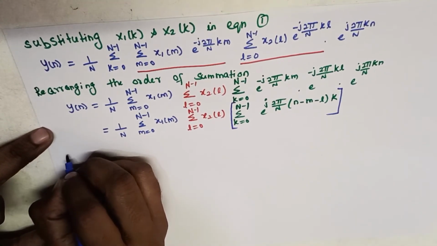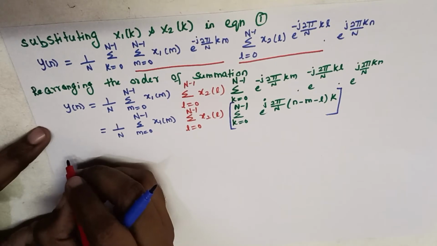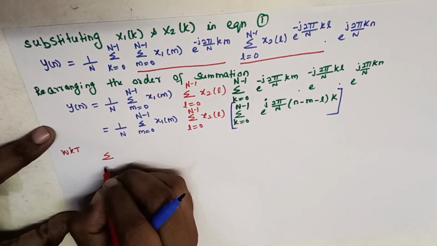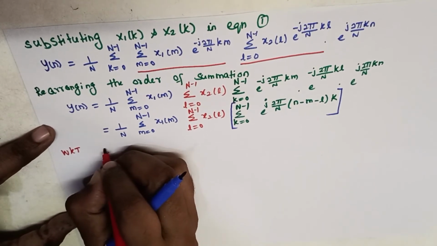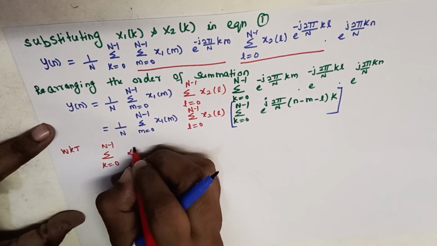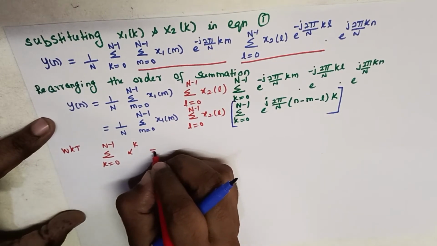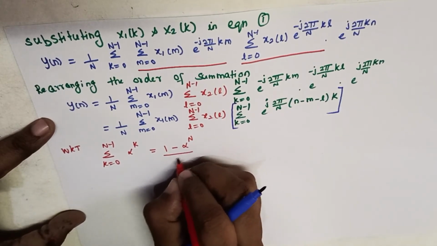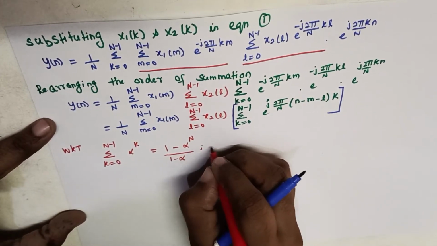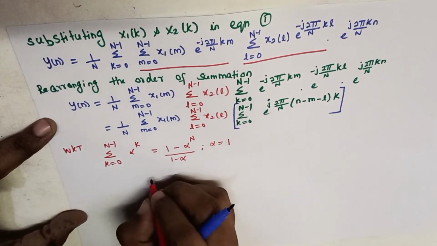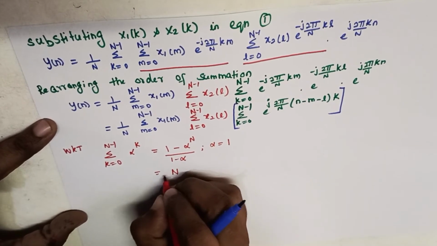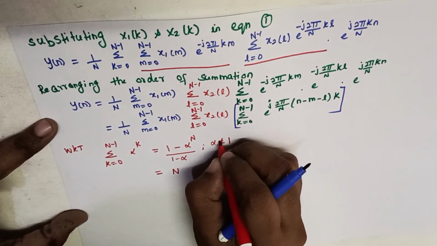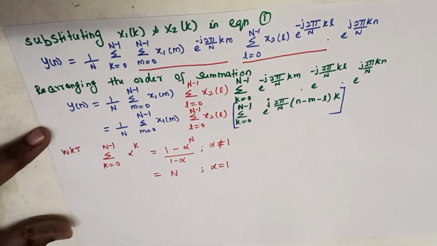And for simplification purposes, we are going to make use of a formula which states that summation k is equal to 0 to n minus 1 alpha power k is equal to 1 minus alpha power n by 1 minus alpha for alpha not equal to 1, and it is equal to n for alpha equal to 1.